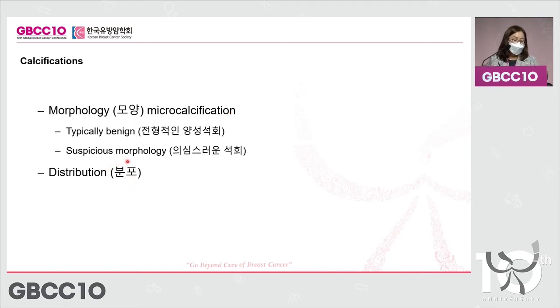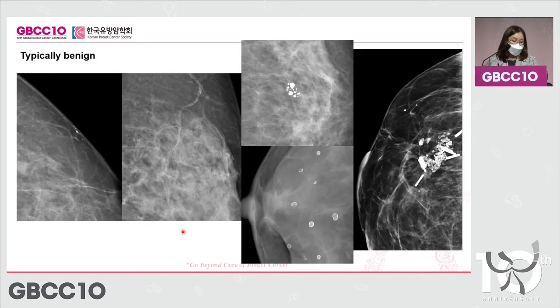We have to divide these microcalcifications according to morphology and distribution. There are typically benign types of microcalcification, as you can see here, when it's on the skin, in the blood vessels, or in fibrosis. This one looks bad, but this is after a surgery or when there has been a major biopsy. This is a dystrophic calcification, and in 100 cases, they are benign, so you don't have to worry at all about these findings.